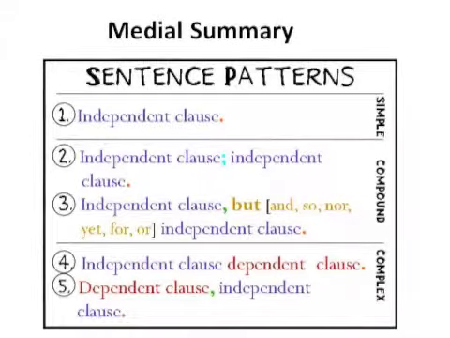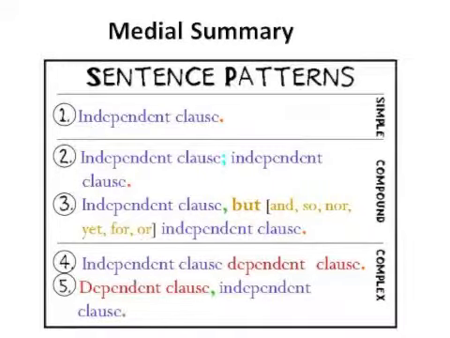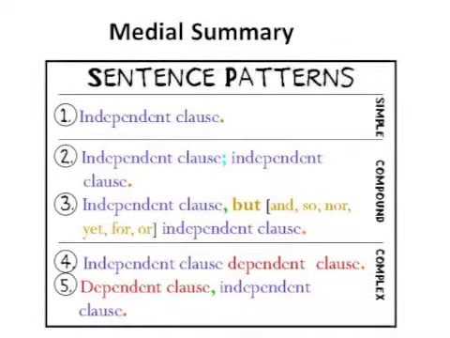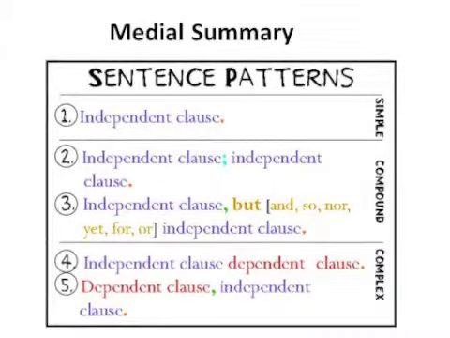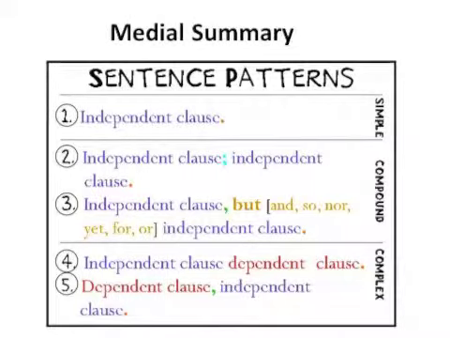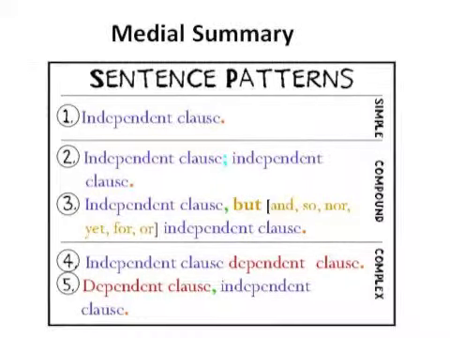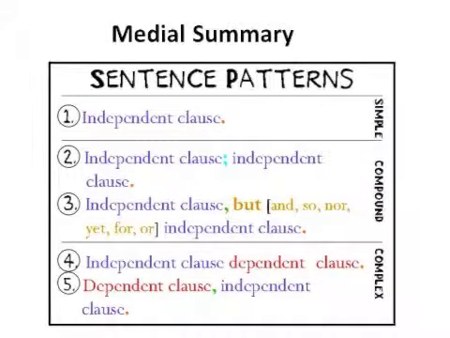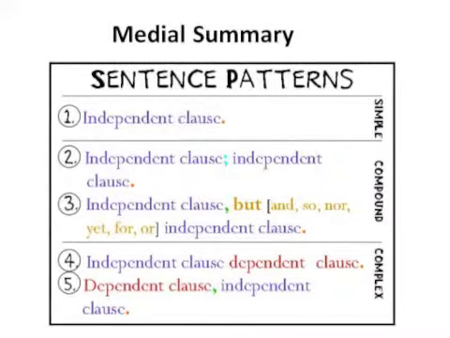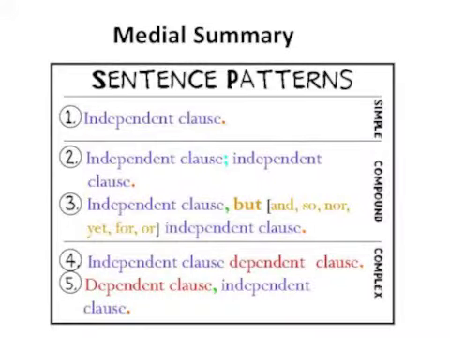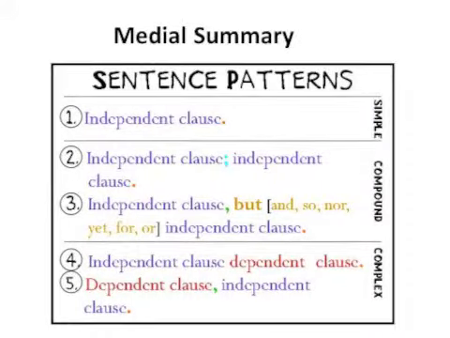An independent clause, a comma, FANBOYS, the coordinating conjunctions, and another independent clause also indicate a compound sentence. Finally, a complex sentence has an independent clause and a dependent clause without a comma.